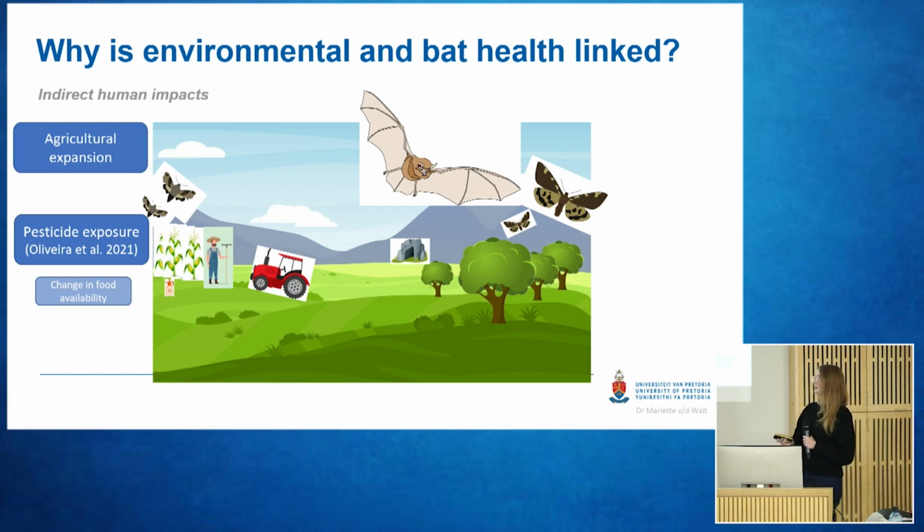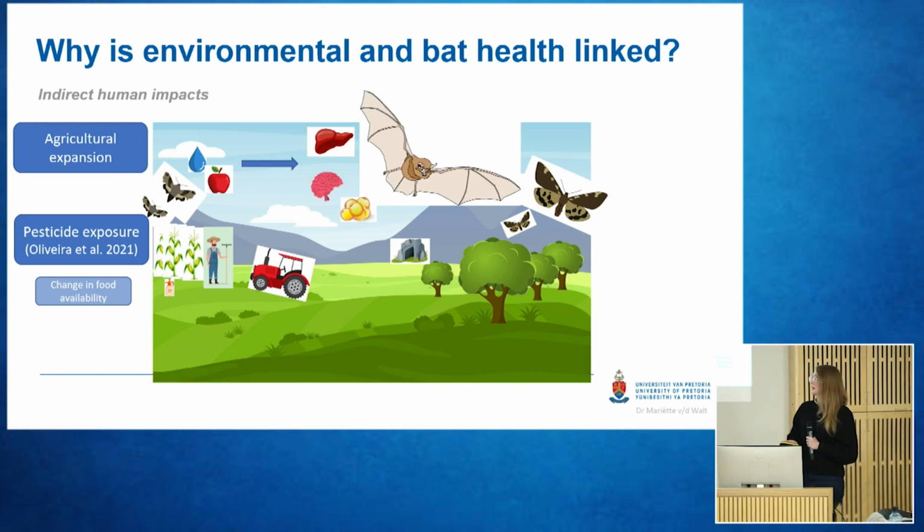And these insects, they might eat them, or they might be unpalatable insects that the bats don't want to feed on. Pesticides are also a problem because they are notoriously not species specific. So spraying pesticides does not only kill the insects that you focus on, it also contaminates your food sources and also water. So the bats might come into contact by directly feeding on the insects that have been treated with pesticides, or they might ingest the pesticides from drinking water in the area around your agricultural areas.